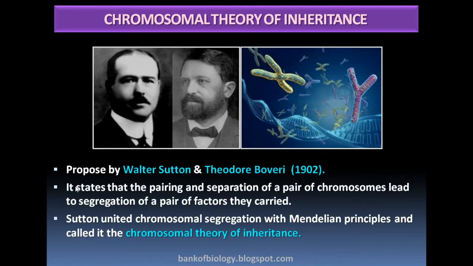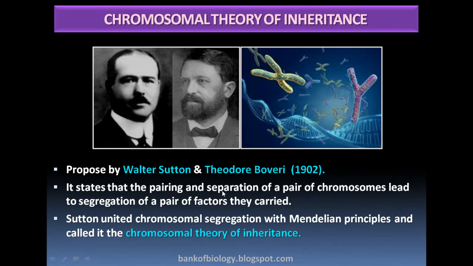The chromosomal theory of inheritance was proposed by Sutton and Boveri in 1902, and it states that the pairing and separation of a pair of chromosomes lead to segregation of a pair of factors they carried.